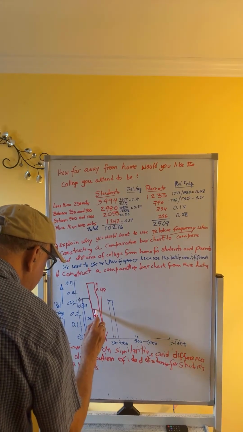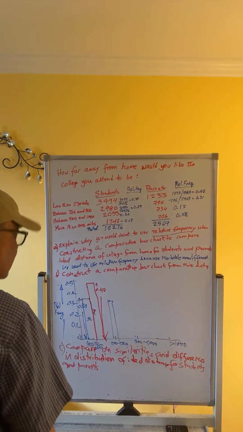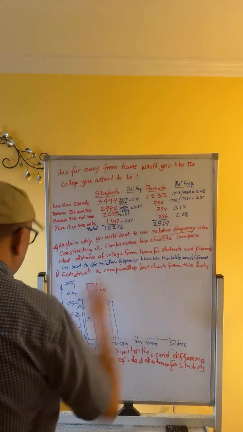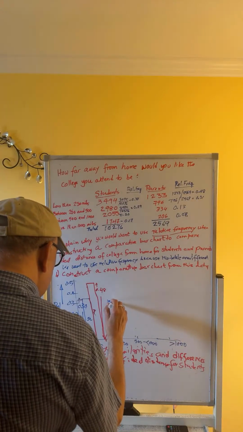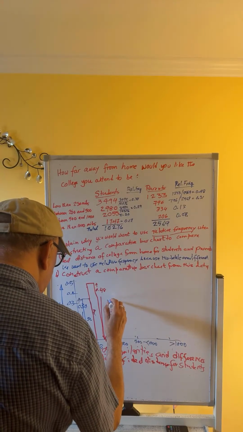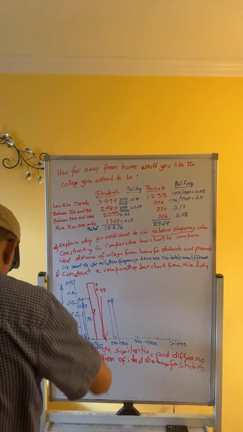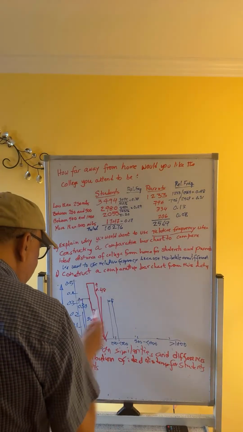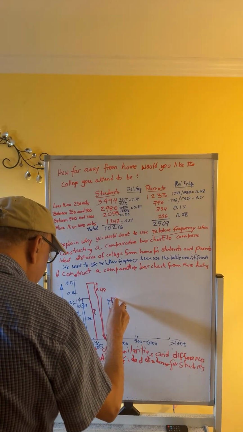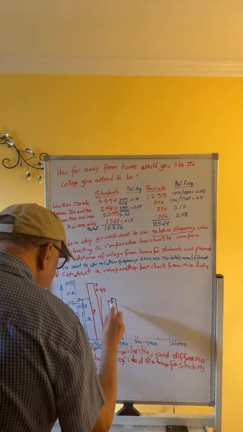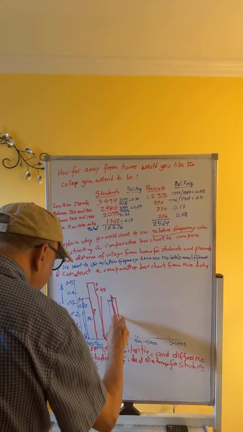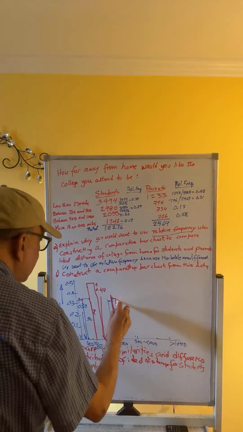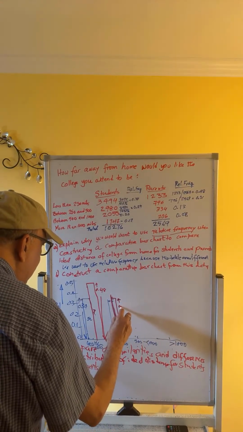So this is parents. And for parents it's 0.31. Fairly close, so slightly higher. So let me draw with the red pen. For the parents it is 0.31. Okay. So this height is 0.31.